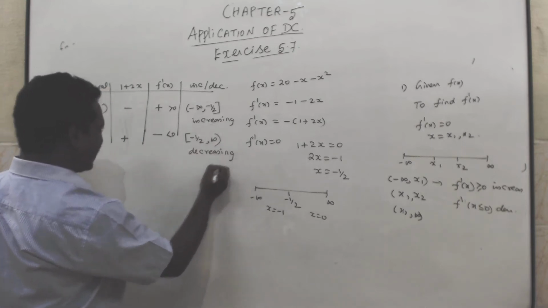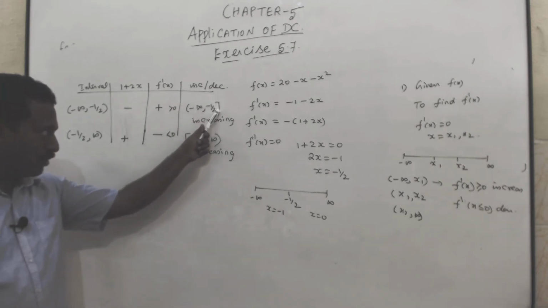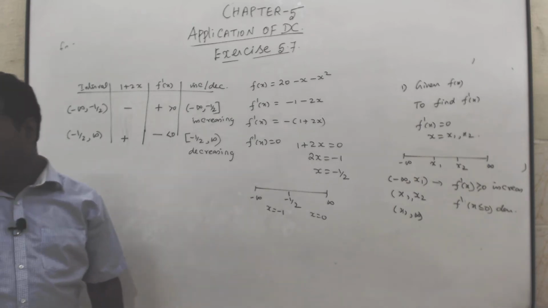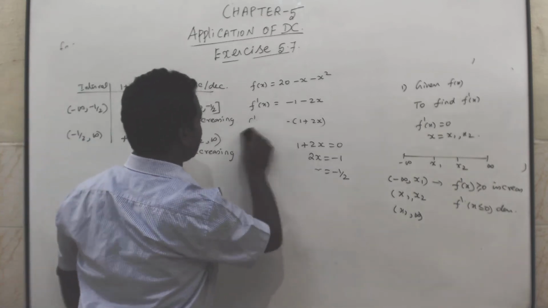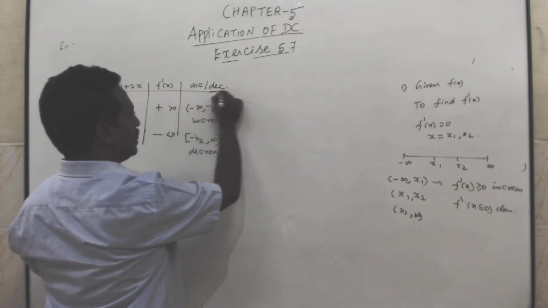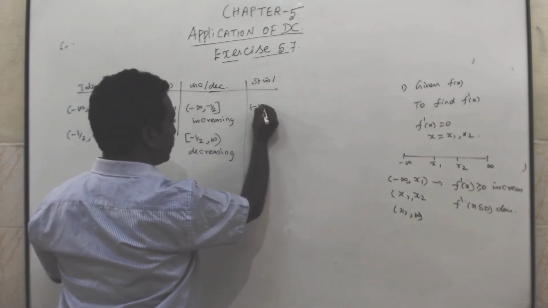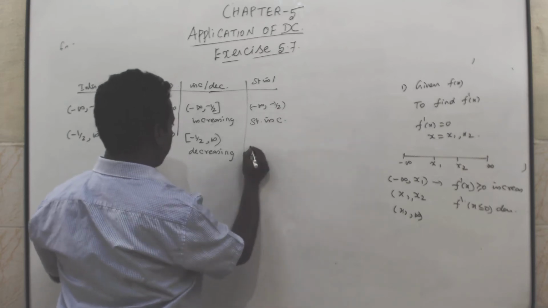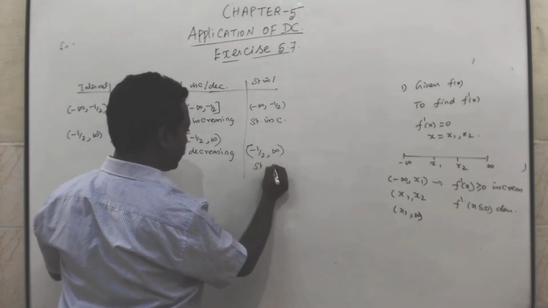Suppose they ask for strictly increasing or decreasing: the same procedure, but instead of closed brackets, you have to write open brackets. So minus infinity comma minus half is strictly increasing, and minus half comma infinity is strictly decreasing.